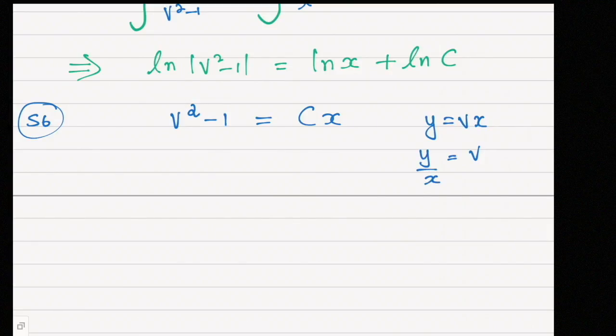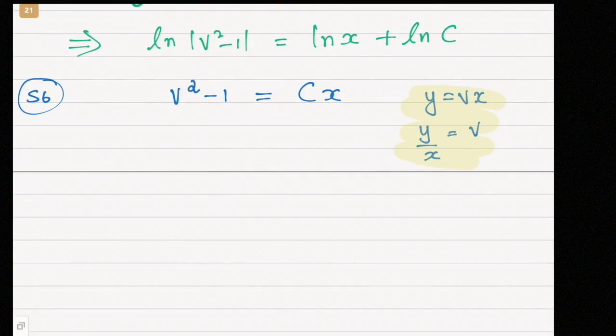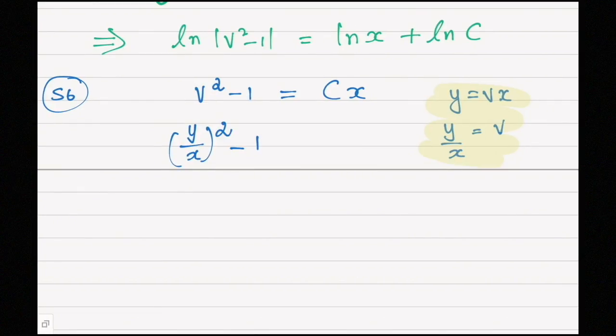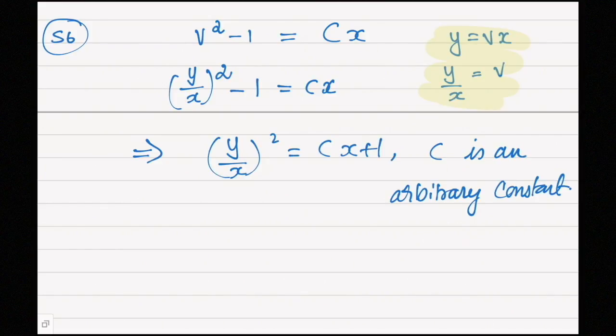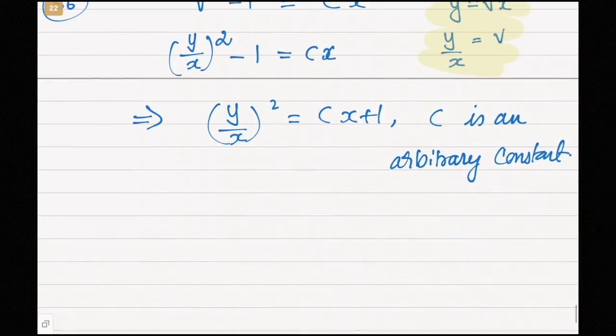If I plug this back into my solution, I am going to have y over x the whole squared minus 1 equals cx. If I further simplify, I can write y over x the whole squared equals cx plus 1, where c is an arbitrary constant. We can further simplify, but I think I'm going to leave it right here. And here is your solution curve for the given homogeneous differential equation.